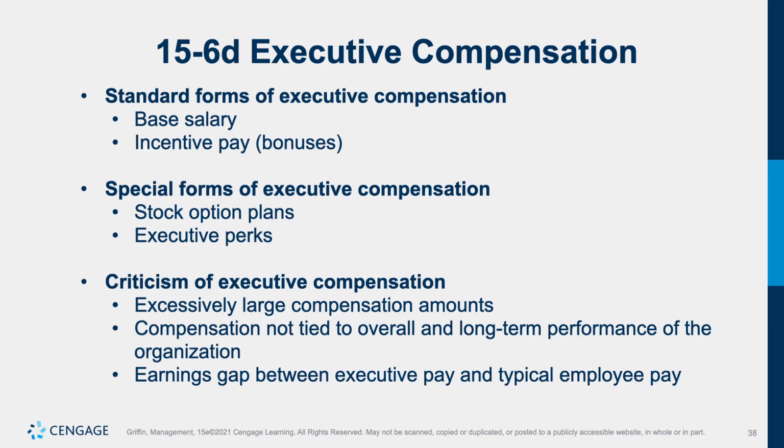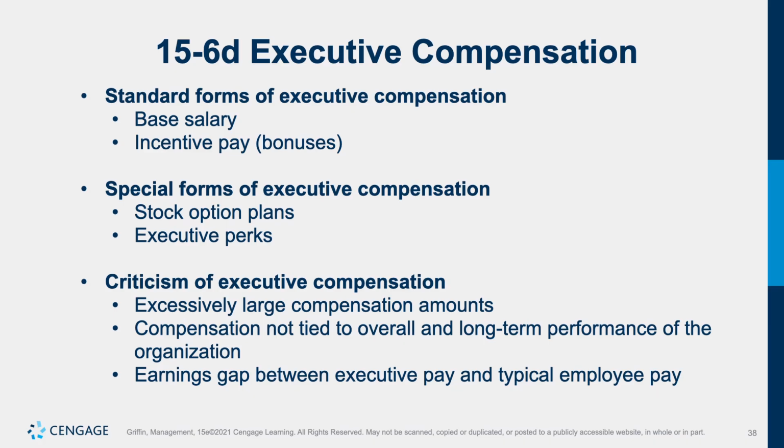Now, looking at the other special form of executive compensation called the executive perks, right? Executives also receive many other forms of compensation, and these perks include such things as private club memberships, access to company recreational facilities, low or no interest loans, and so on and so forth, right? Now, there are certain criticisms of executive compensation.